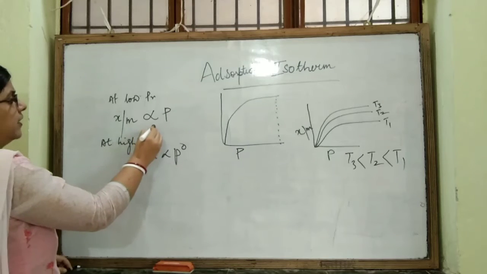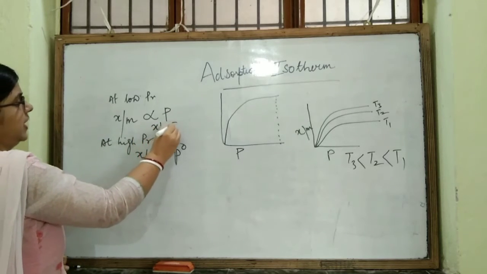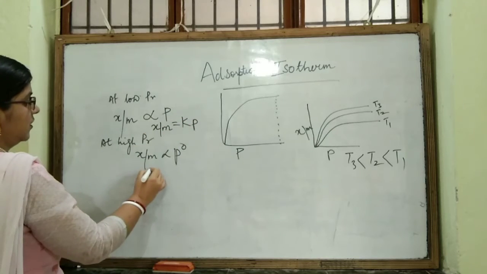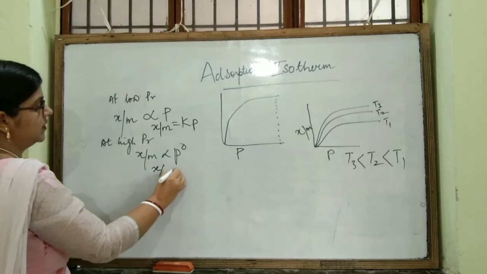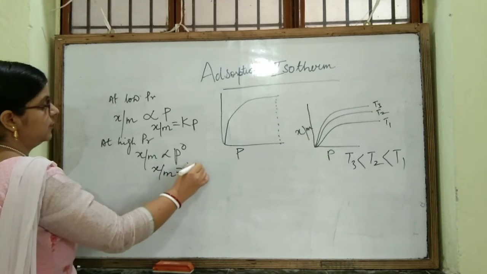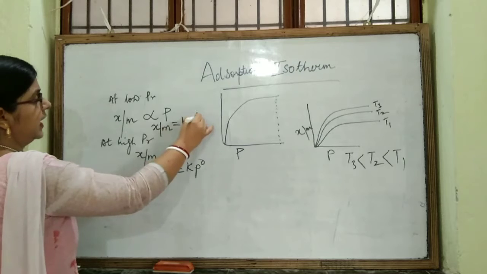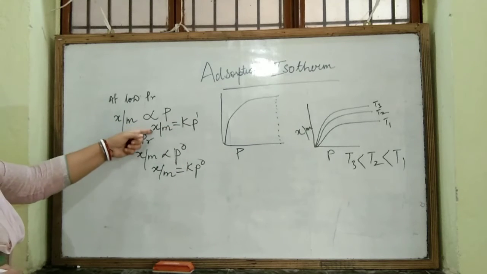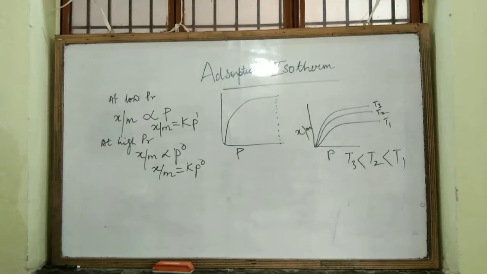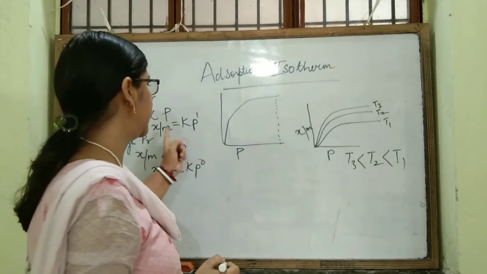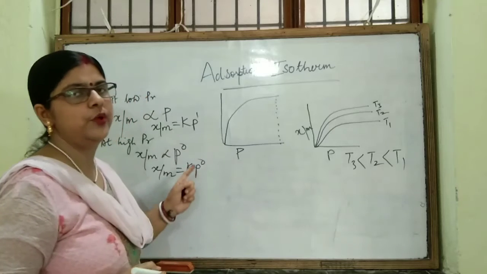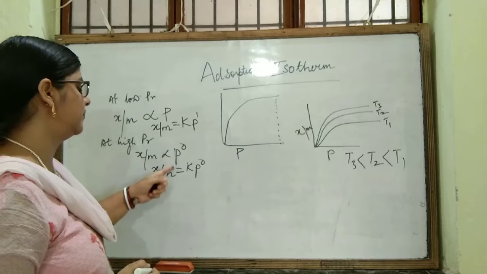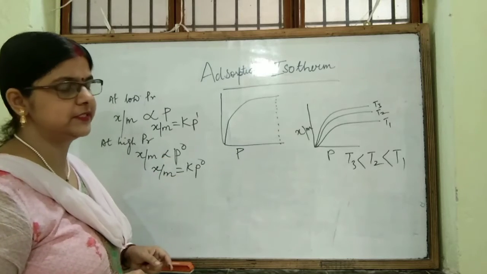If you take a constant, x by m is equal to K P. Here we can write x by m is equal to K P to the power 1 at low pressure, and at high pressure, x by m is equal to K P to the power 0.